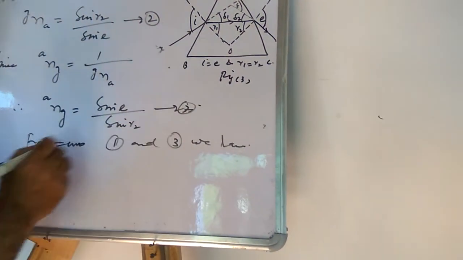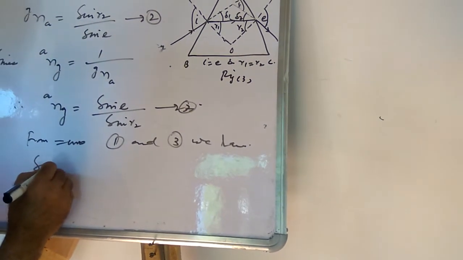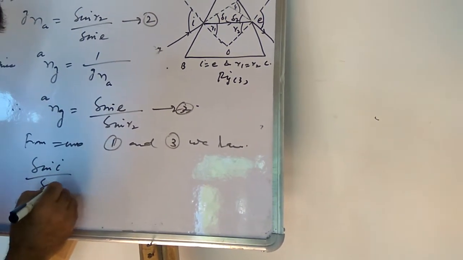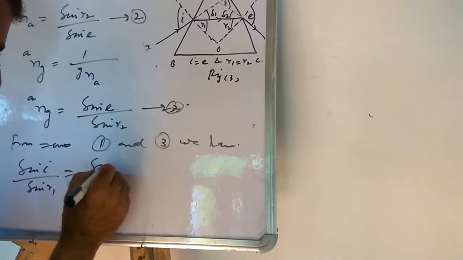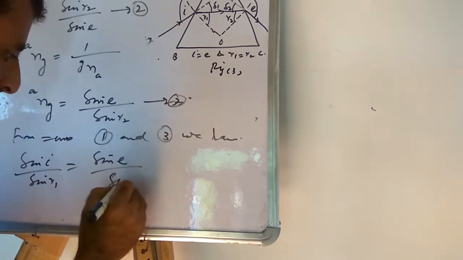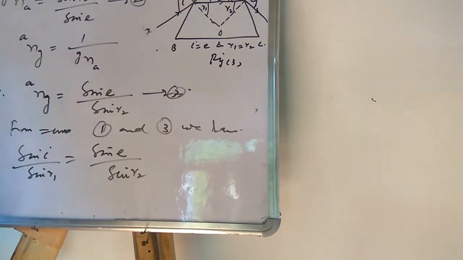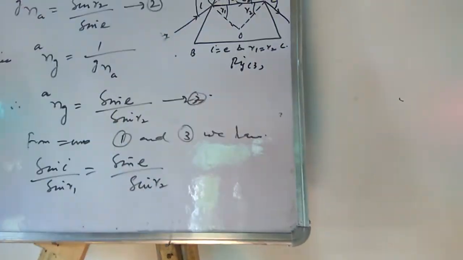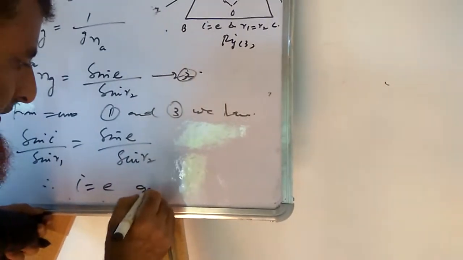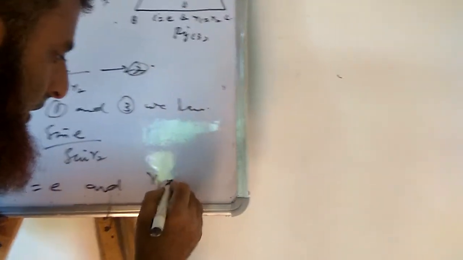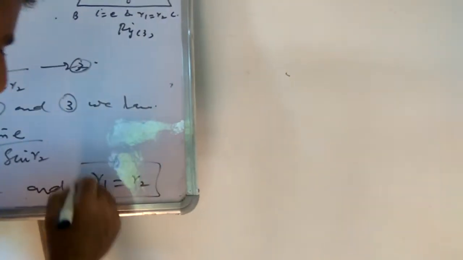Therefore, sin I divided by sin R1 is equal to sin E divided by sin R2. Therefore, I is equal to E and R1 is equal to R2.